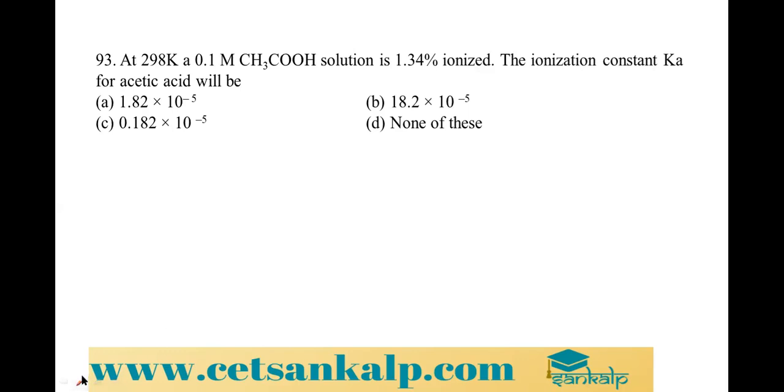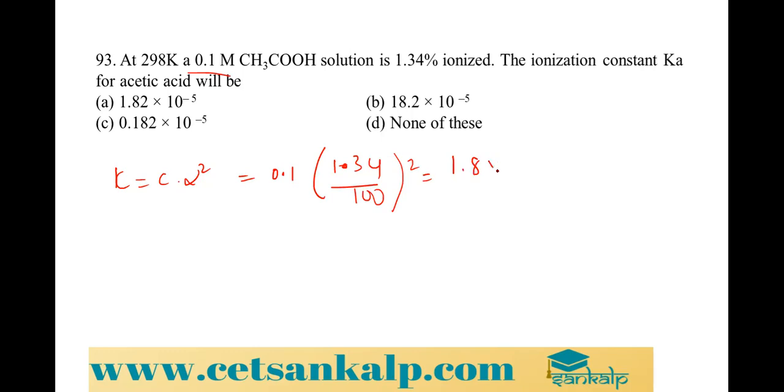Let's see what the ionization constant is. We know K is equal to C into alpha square, that is equal to the concentration 0.1 into alpha square, 1.34 divided by 100 whole square, that is equal to 1.8 into 10 to the power of minus 5.